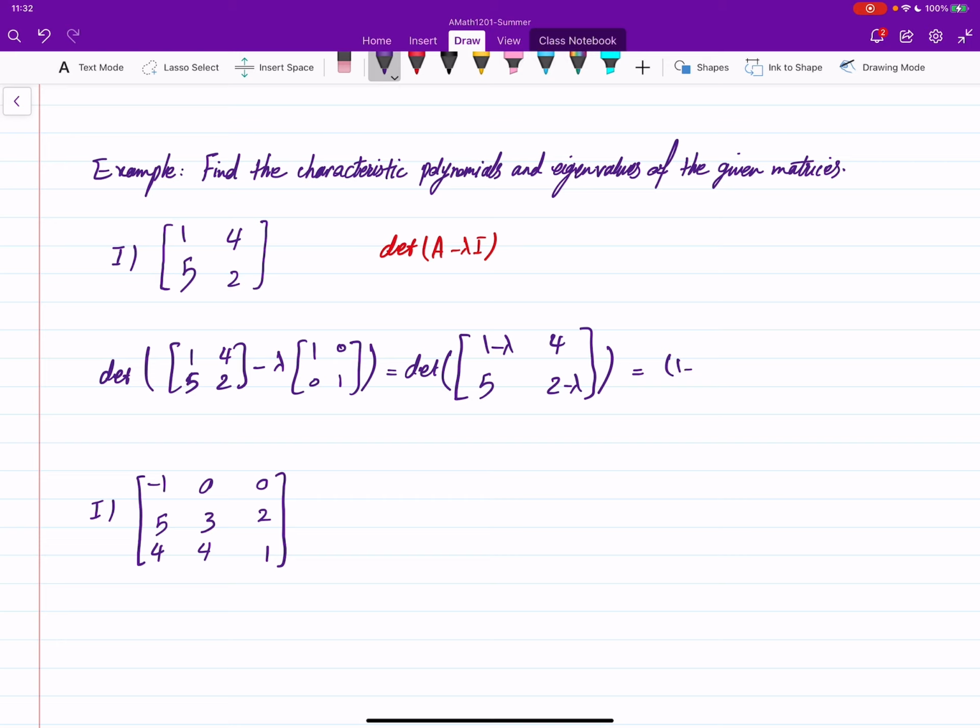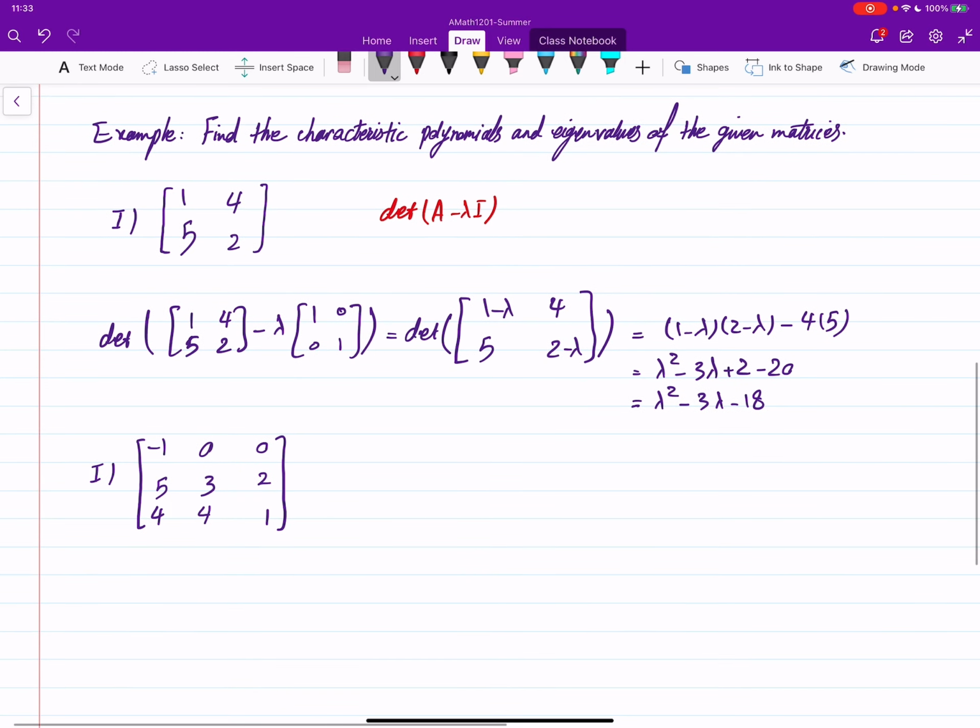This is (1 minus lambda)(2 minus lambda) minus 4 times 5. Let's just solve this. This is lambda squared minus 3 lambda plus 2 minus 20. We found the characteristic polynomial.